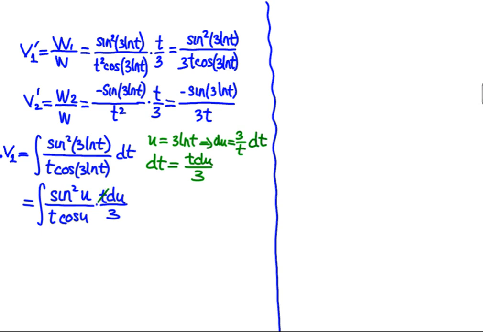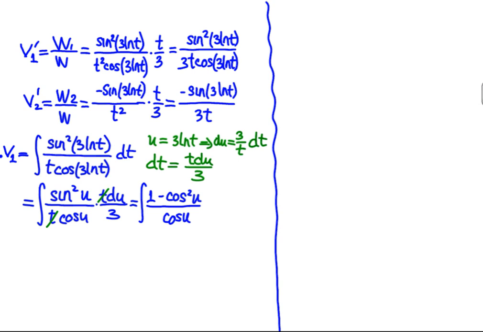Cancel a t, so we will have sine square. Now sine square is 1 minus cosine square. And we still have the 3 there.